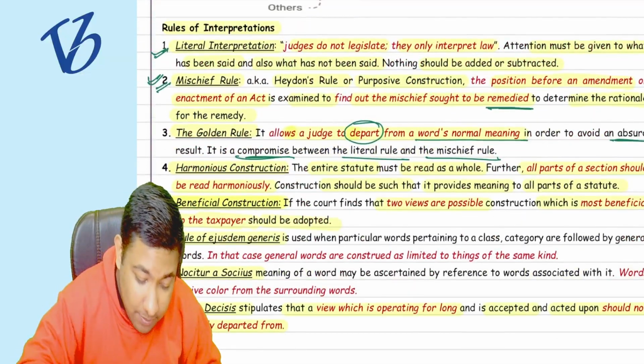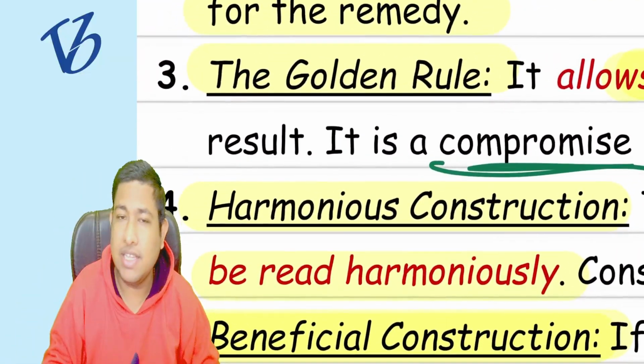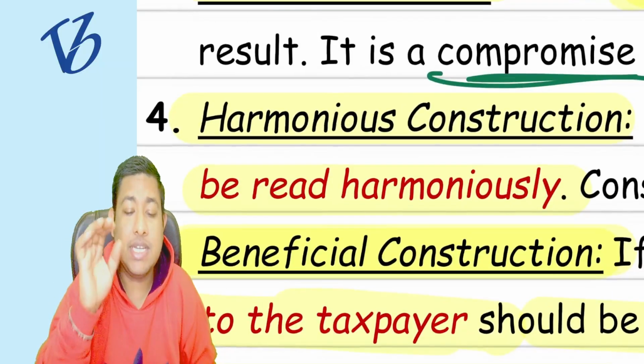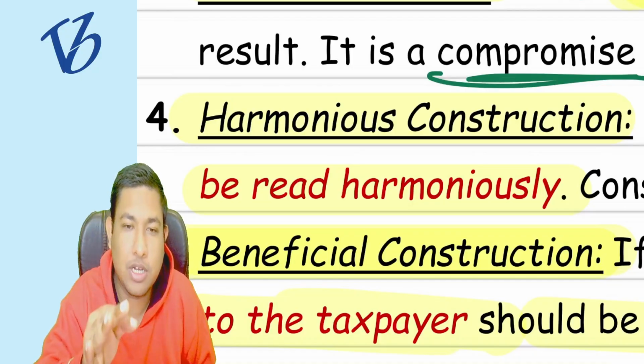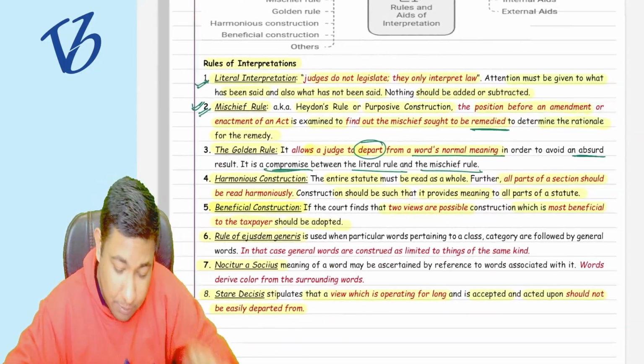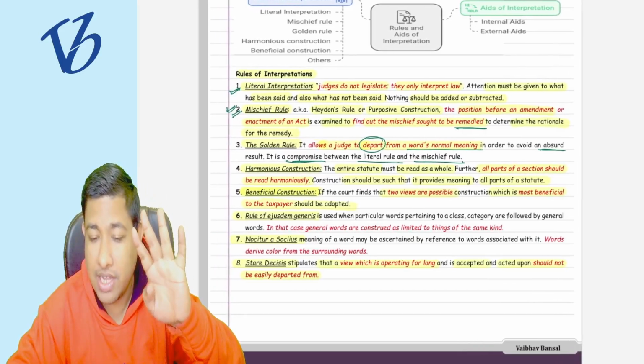We have seen earlier that rule number 4, the interpretation rule, says that we need to construct anything harmoniously, giving an interpretation to the particular provision harmoniously. But there could be some provisions. Why is this fourth point important? Understand it very carefully.